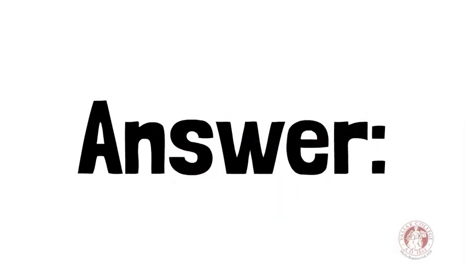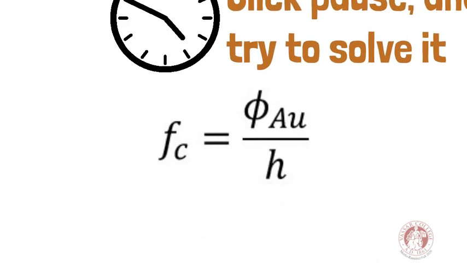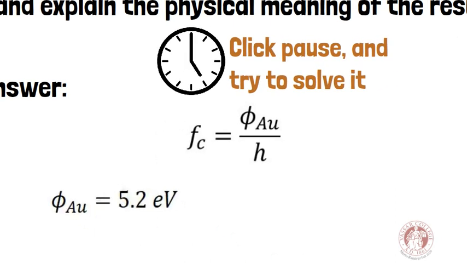We know that the cutoff frequency is related to the work function by the following equation. The work function of gold is about 5.2 electron volts. Also, note that we need to express Planck's constant in terms of electronvolts.